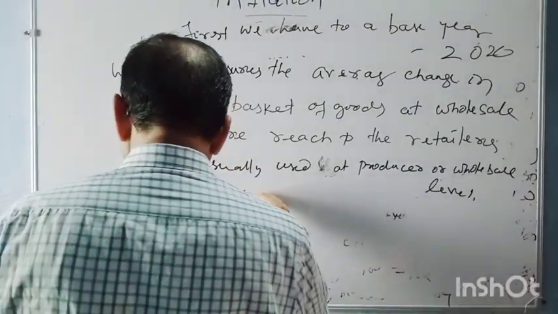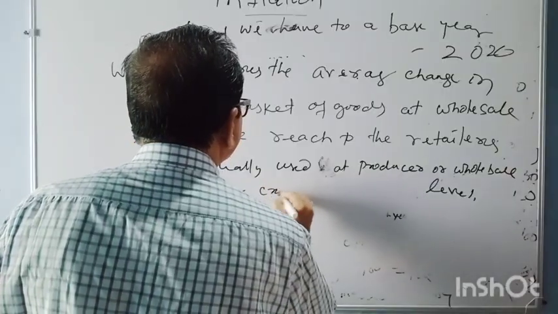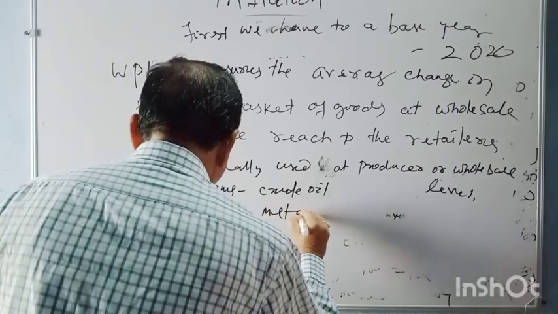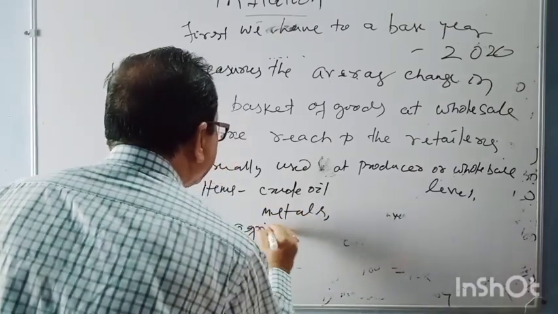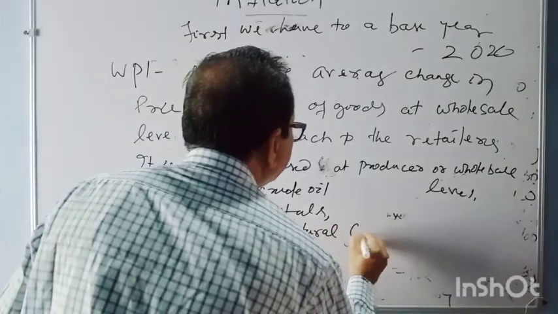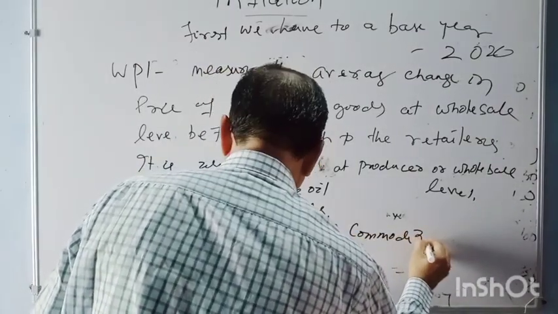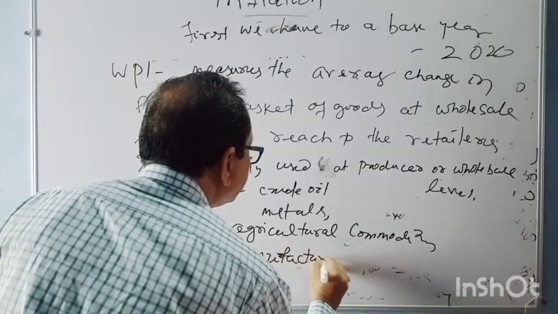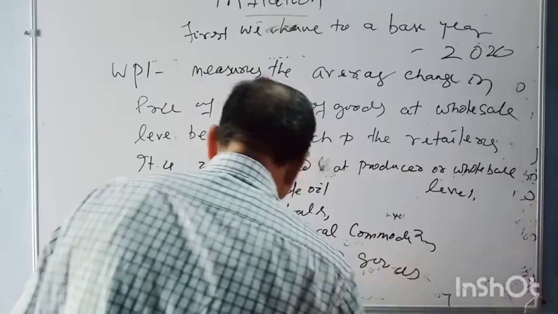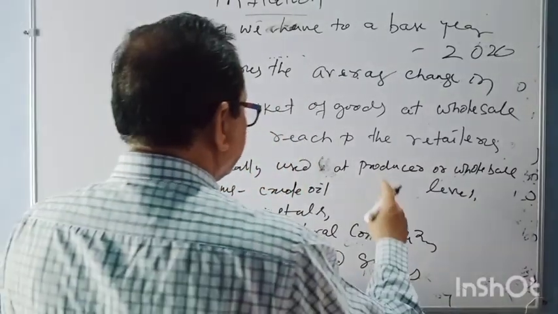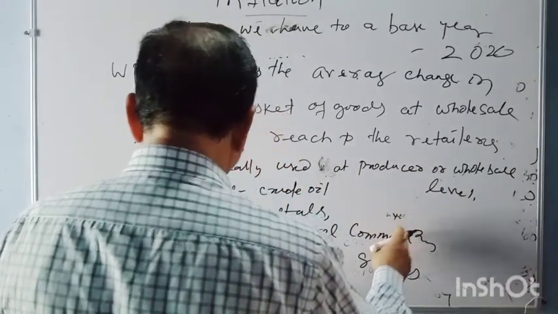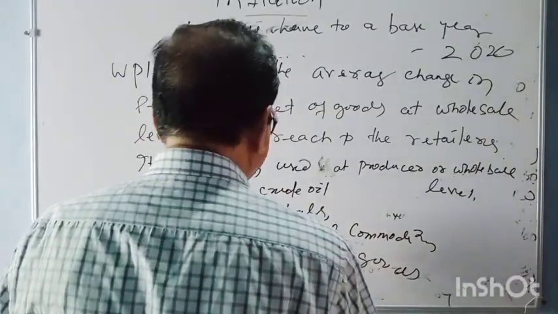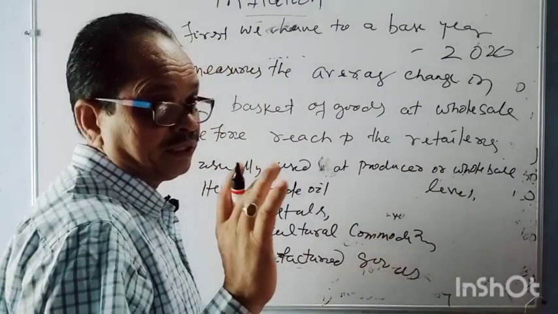Items to be included: crude oil, metals, agricultural commodities, manufactured goods, because weightage is assigned to these commodities based on their national importance.